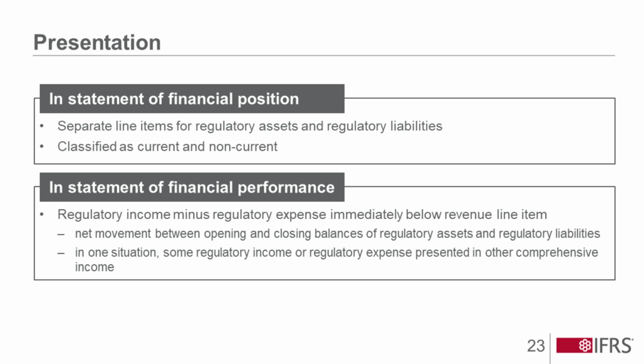All regulatory income minus all regulatory expense, which is the net movement between opening and closing balances of regulatory assets and regulatory liabilities, is presented as a separate line item immediately below revenue.